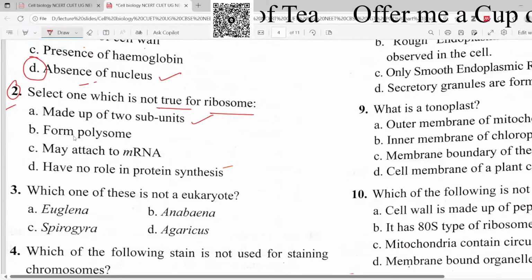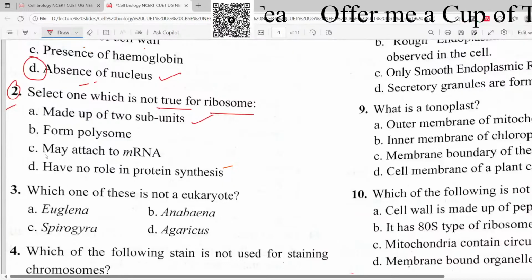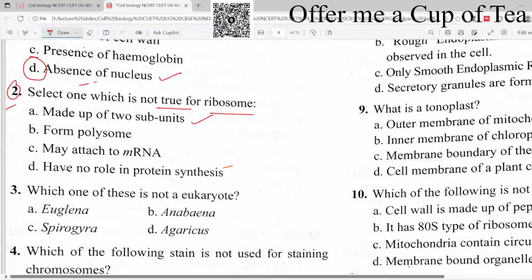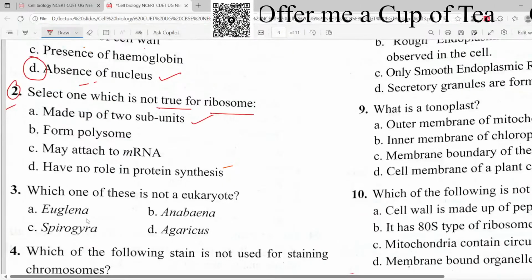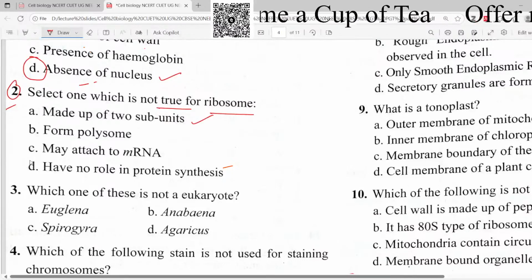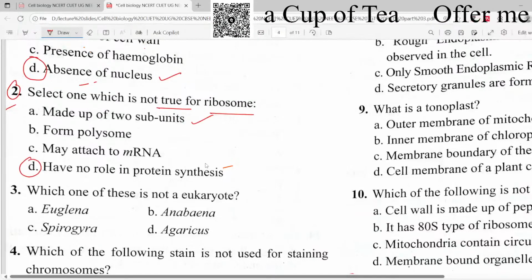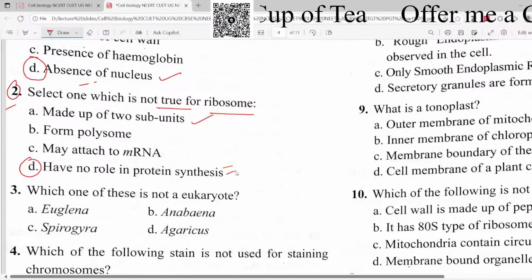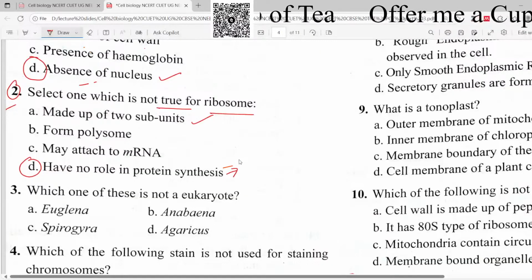B, form polysome. Option C, may attach to mRNA. And D, have no role in protein synthesis. So option D is the correct answer, because ribosome has a role.